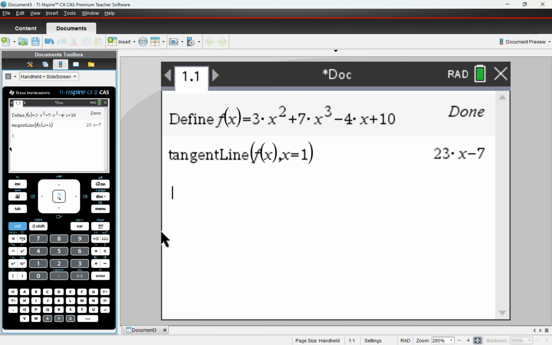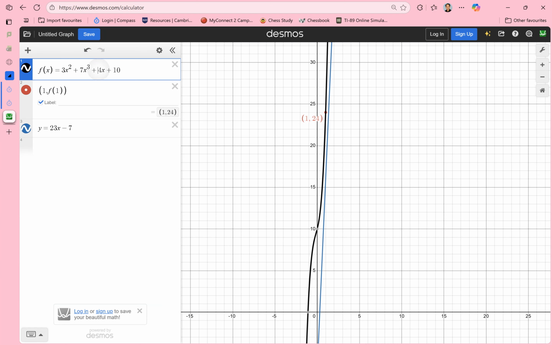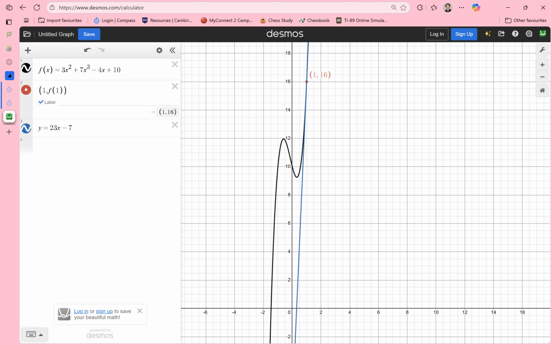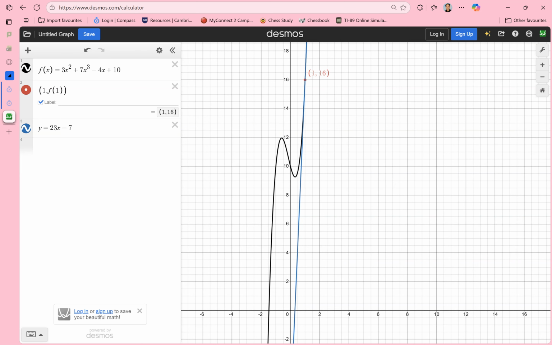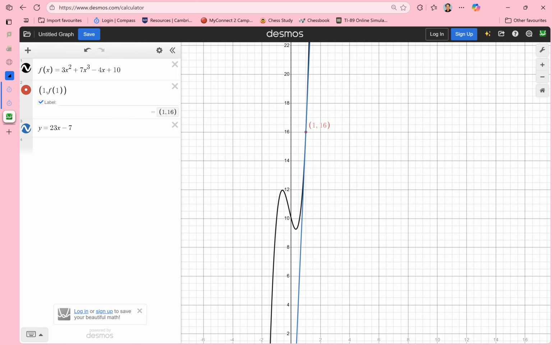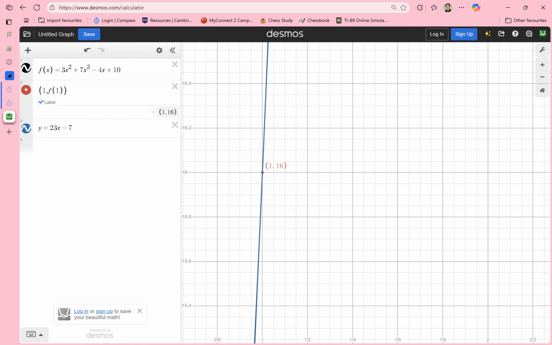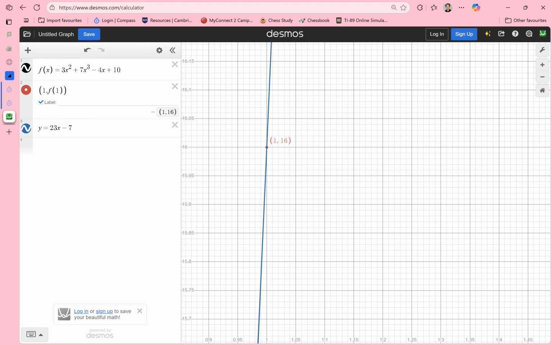Did I type the equation wrong? Oh, it's minus 4x. Whoops. Minus 4x. Can you see that this line, the blue line, is 23x minus 7? And if you notice, it will cross exactly at 1, 16 and nowhere else. Look at that. If I zoom in, look at how perfect that is.